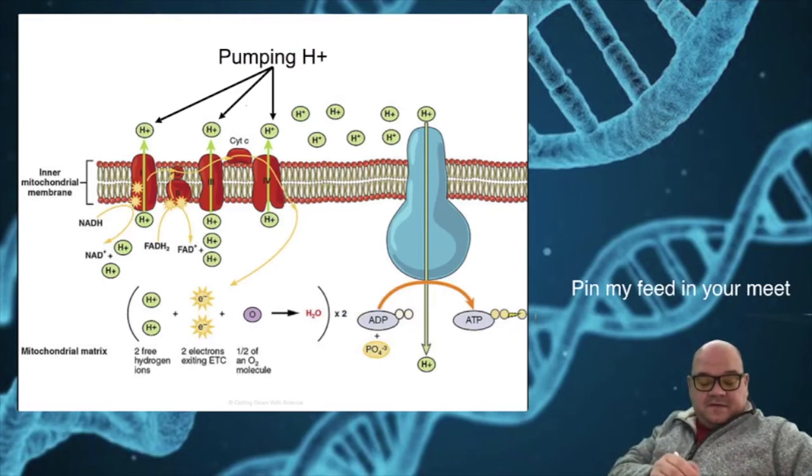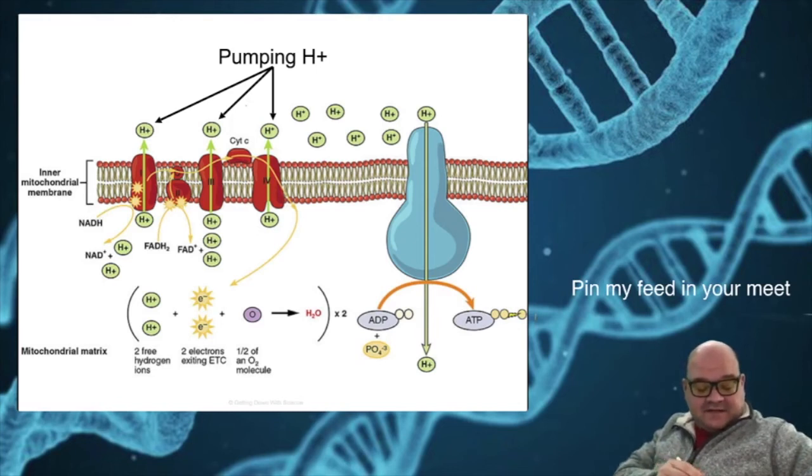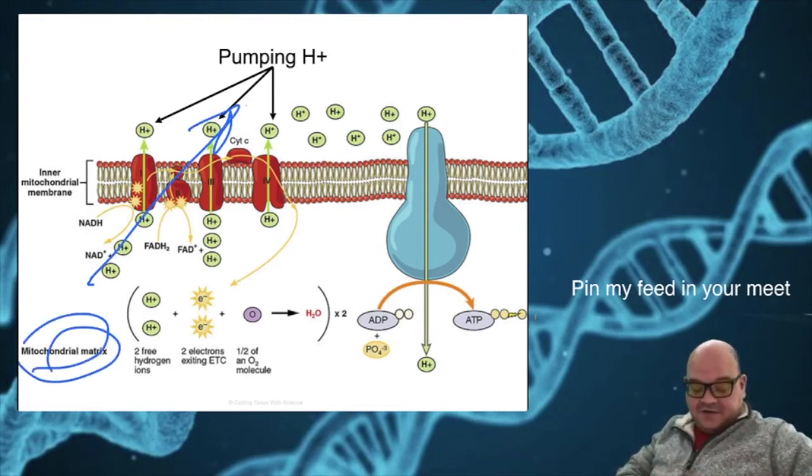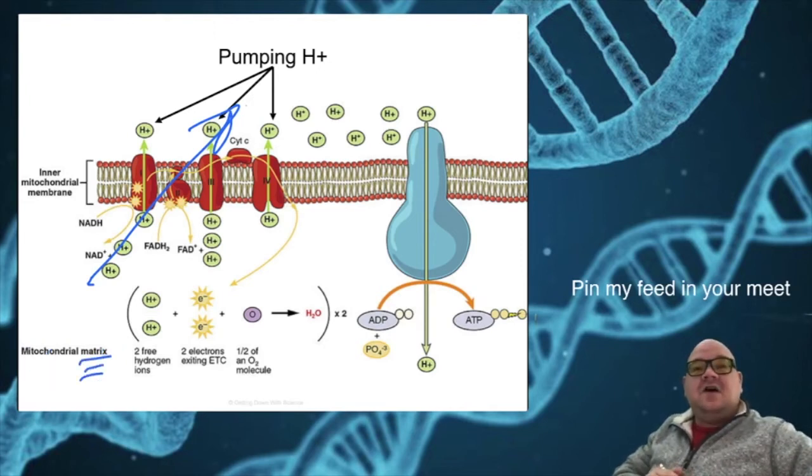So the electron transport chain, just to show it to you again, we've broken this down several times. All these hydrogens get pumped out. Look, we're inside the matrix down here. You can see matrix. So we pump them out, and then they pass back through ATP synthase.